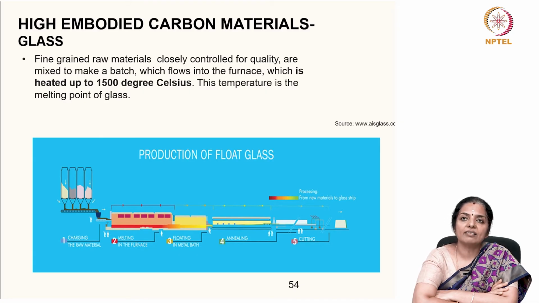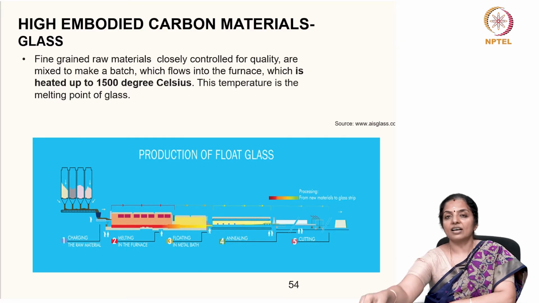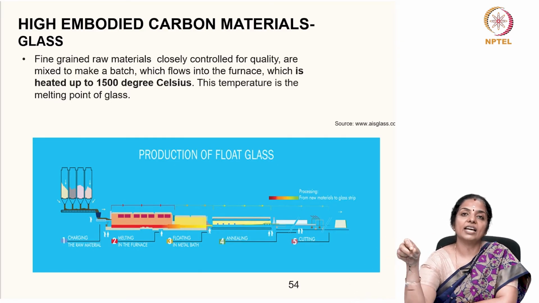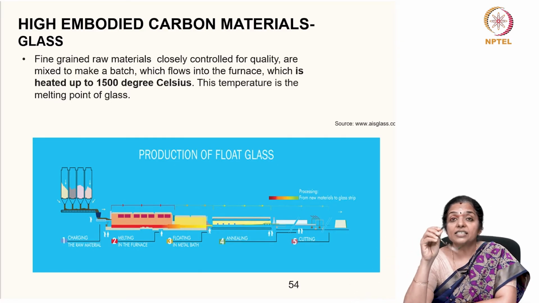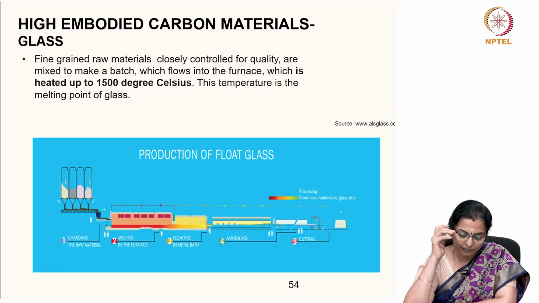Fine-grained raw materials closely controlled for quality are mixed to make a batch which flows into the furnace, which is heated to 1500 degrees Celsius. This temperature is the melting point of glass, resulting in glass being a highly energy intensive and high carbon material.